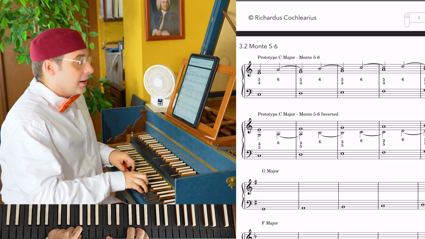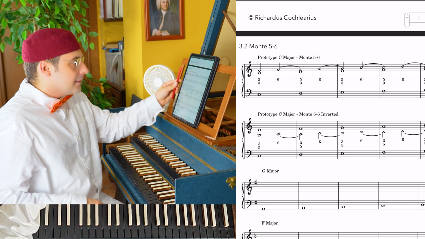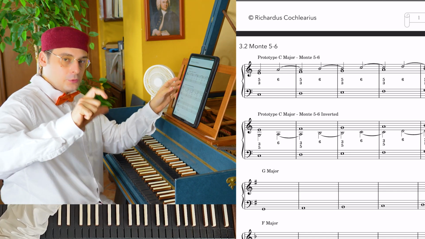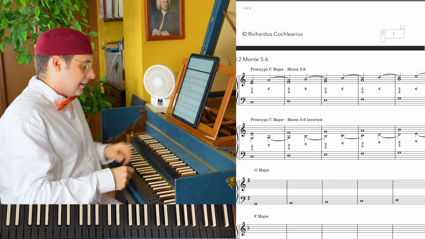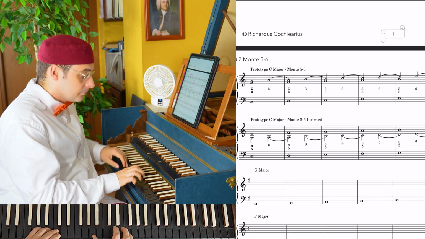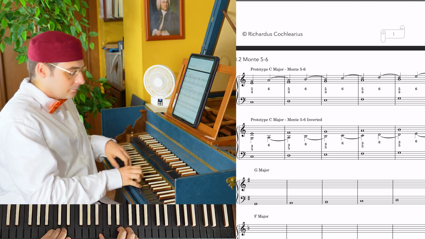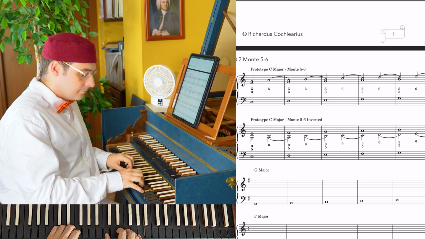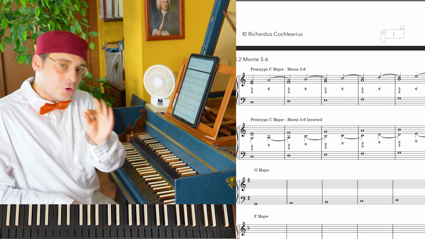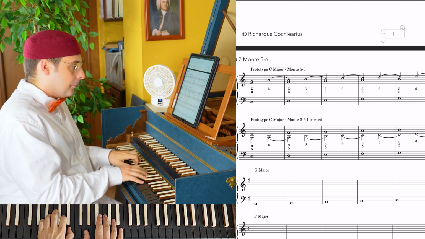5, 6, 5, 6, this way, and you can play imitation between the two moving voices because they move with syncopation. So you can do exercises like this. And you can also move the bass line, for example.